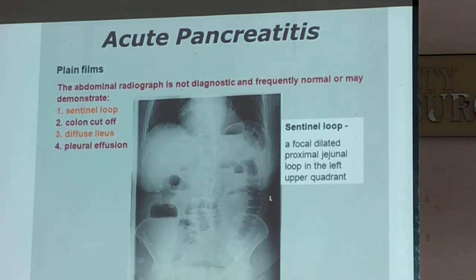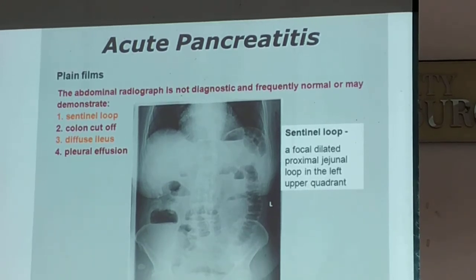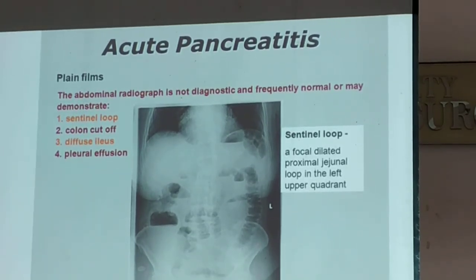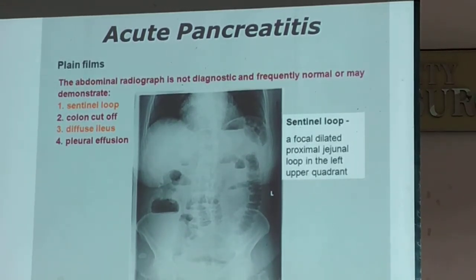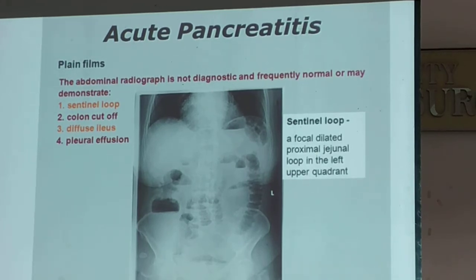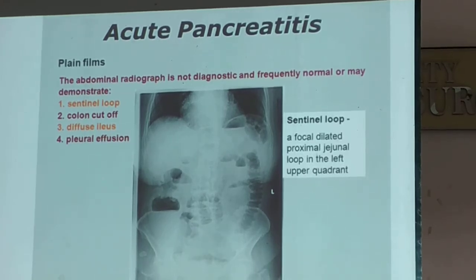Laboratory, specifically your amylase. Okay? But with your history, what is the most important that you have to elicit in your history? Okay? And then, alcohol intake. Okay?